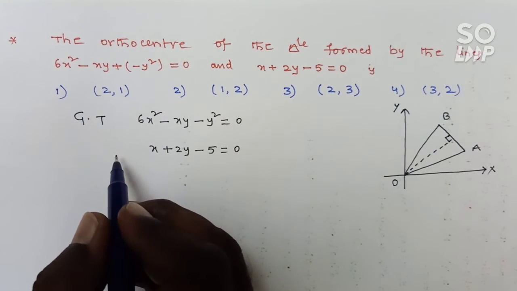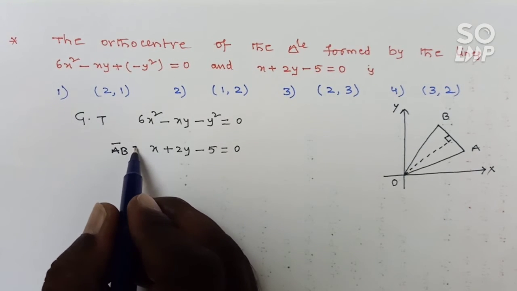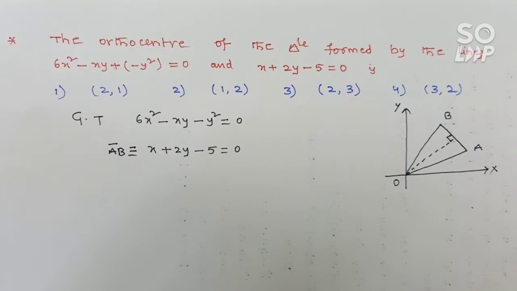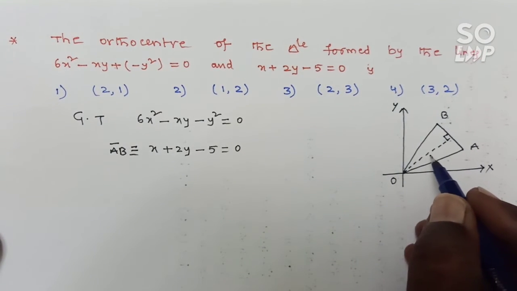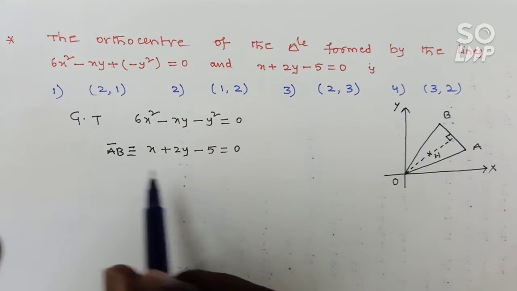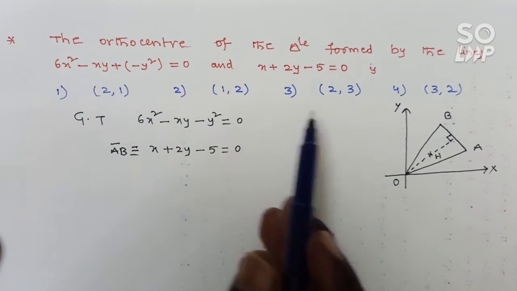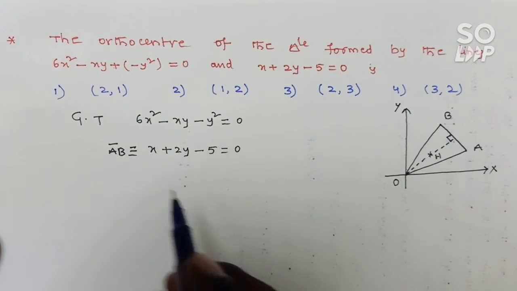You know the AB equation: x + 2y − 5. Let H be the orthocenter of the triangle. Now take the options one by one as H. First take (2, 1) as H.